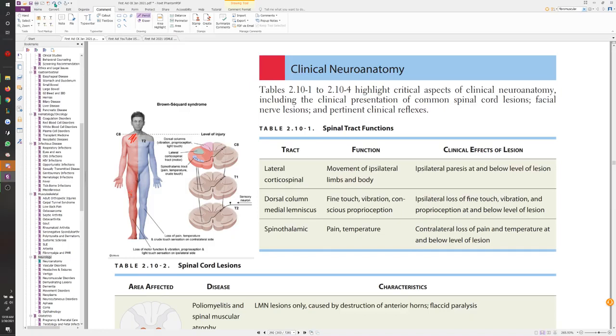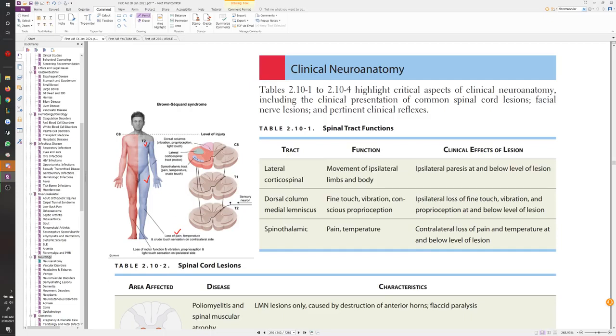Excuse me, not the red guys, you've lost your arm and leg spinothalamic tract on the opposite side, because remember it decussates immediately. So loss of pain and temperature and crude touch sensation is contralateral, on the opposite side.